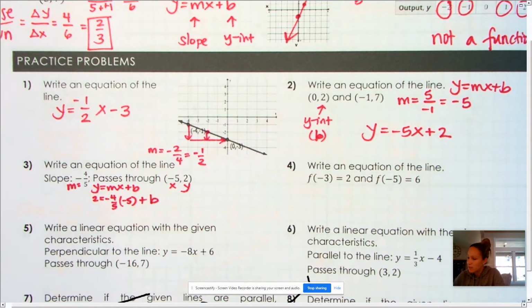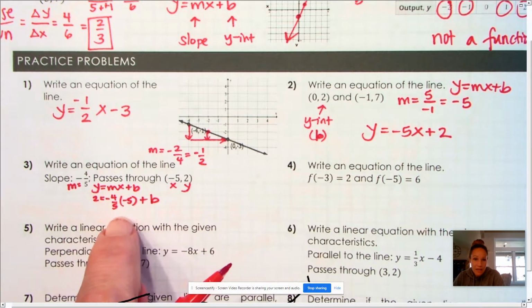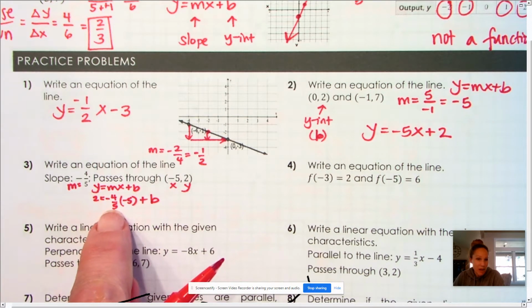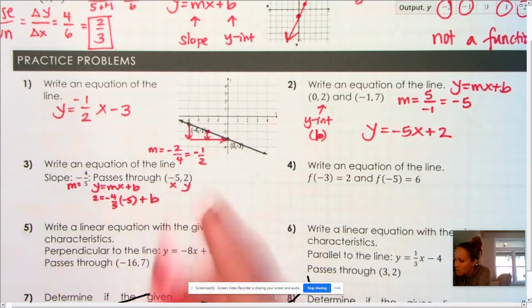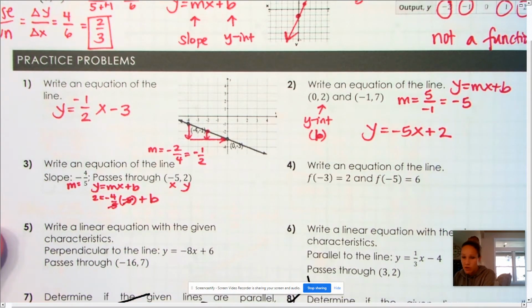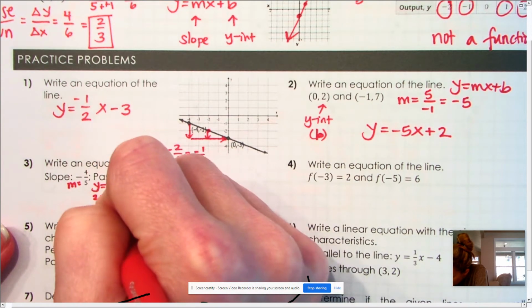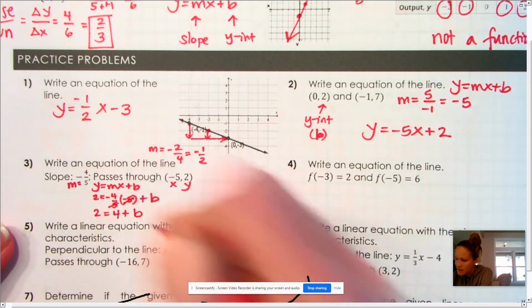First of all, a negative times a negative is going to be a positive. Anytime I divide by 5 and multiply by 5, those are inverse operations and will cancel each other out. So I have 2 is equal to a positive 4 plus b.